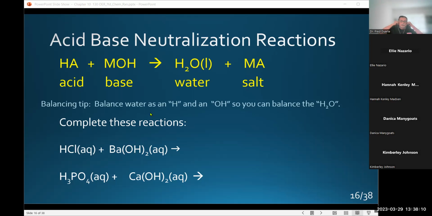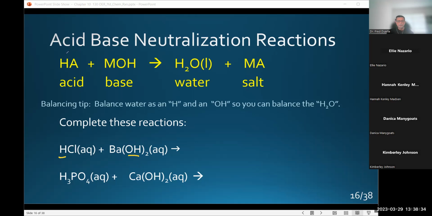Okay, let's take a look at the reaction here. We had the hydrochloric acid, okay, which we recognize as the acid. And then we have barium hydroxide, okay? Barium hydroxide is the base.